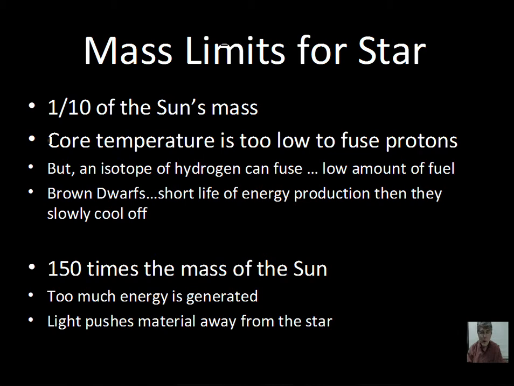So there are some stars right on the boundary of this, a little bit smaller perhaps, that the deuterium isotope of hydrogen can fuse together, but there's not as much deuterium as normal hydrogen that just has a proton in the nucleus and no neutron. So we get a short lifespan for these stars. They are smaller, cooler, and shorter lived.